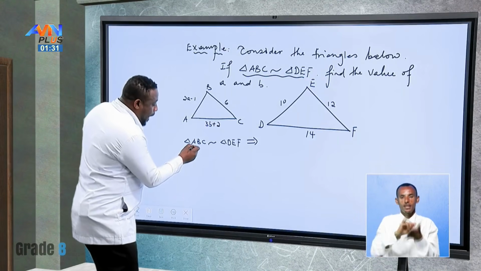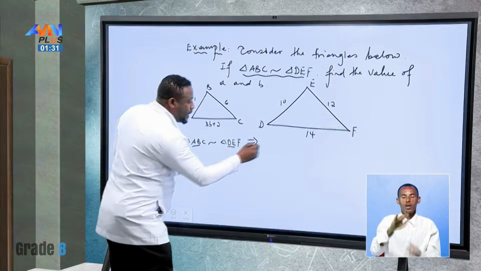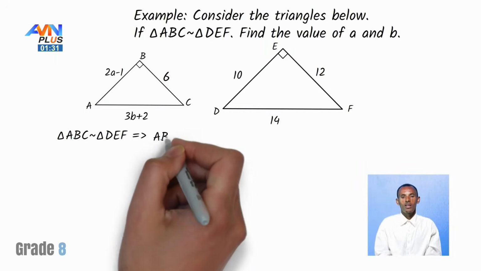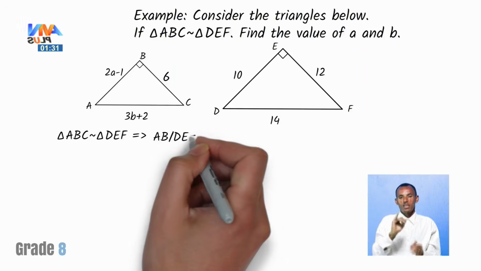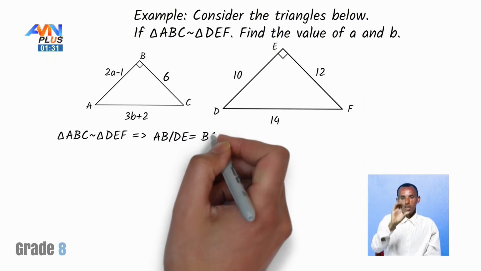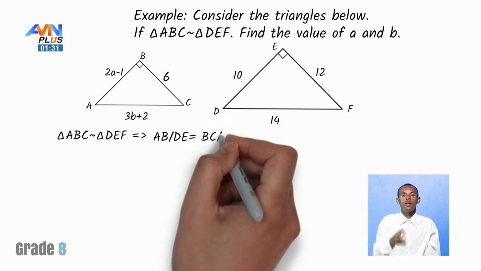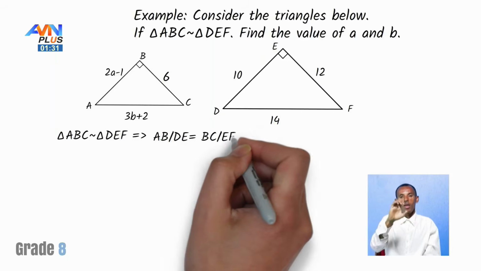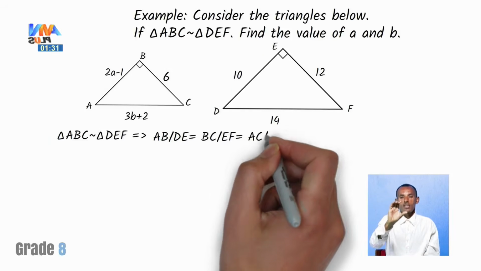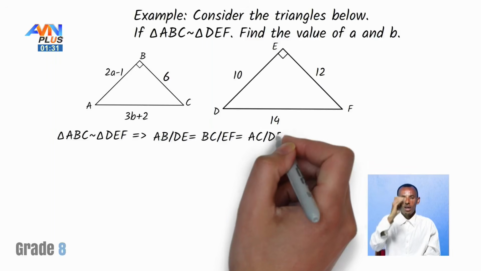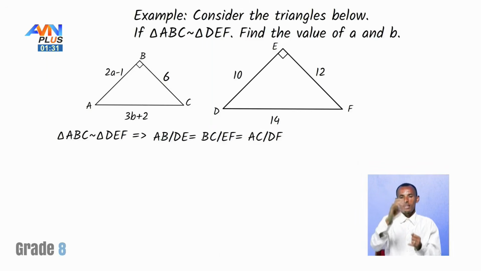That means AB/DE is the same as BC/EF, and the third proportion is AC/DF.